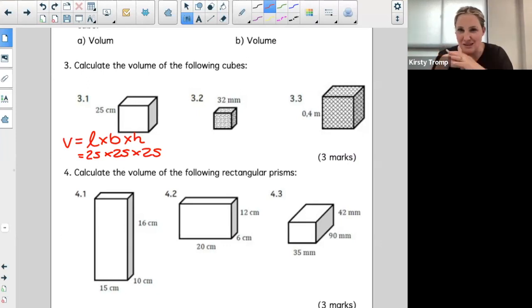I think that's a grade 9 question, but we can definitely do that. We can do it on Wednesday.